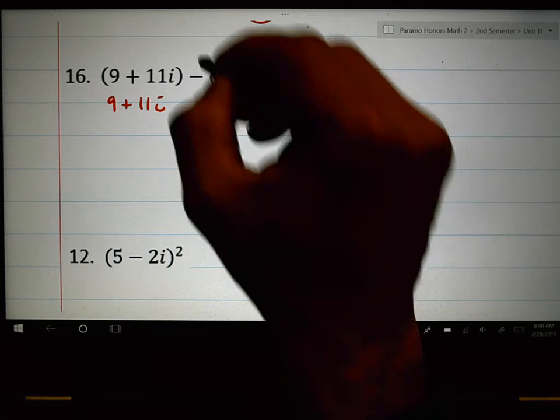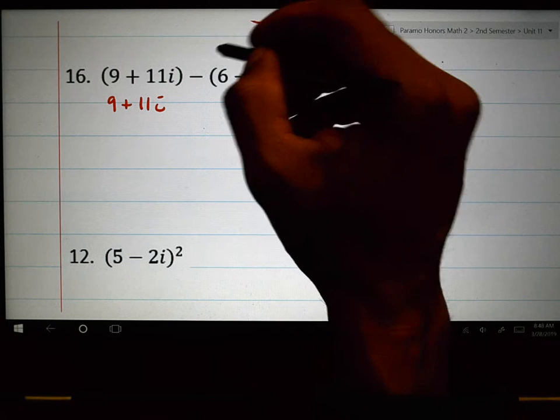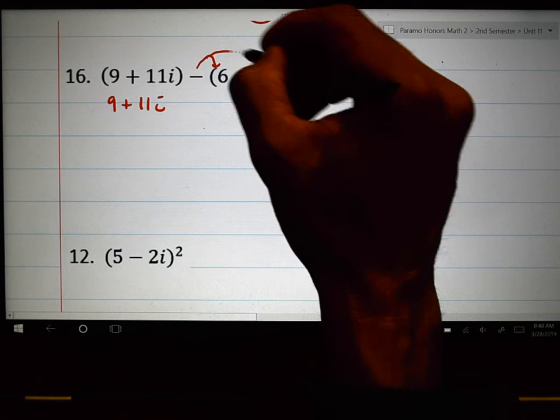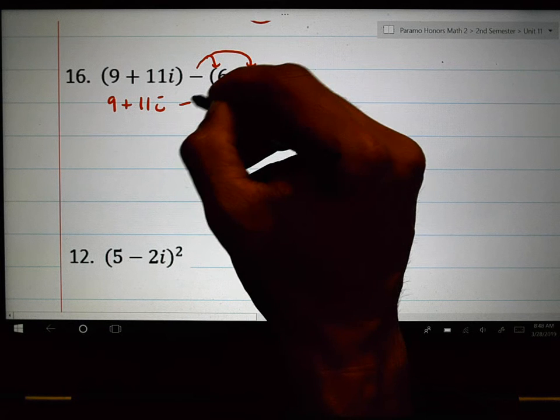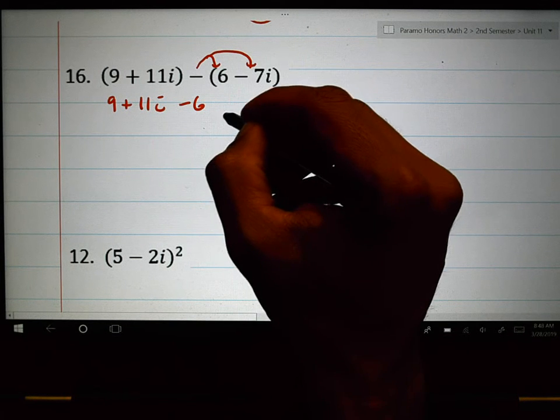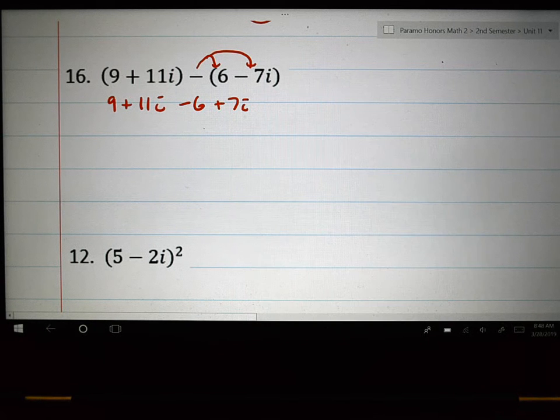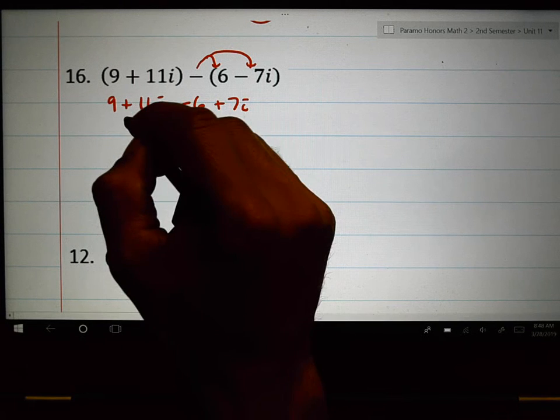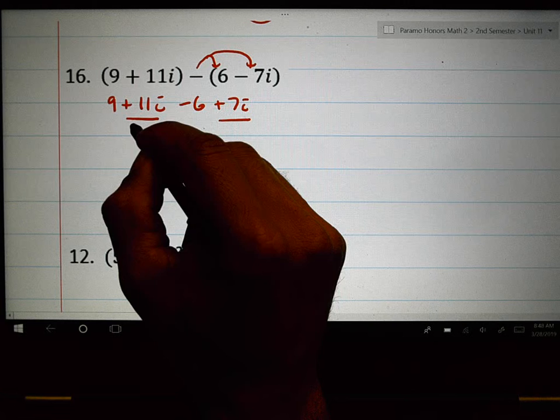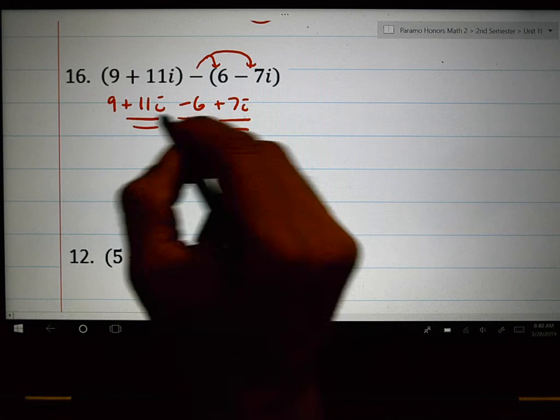But if you have a subtraction sign in front of your parentheses, it means you're subtracting or doing the opposite of adding the 6 or subtracting the 6. Instead of subtracting the negative 7i, we are now subtracting it, which is adding 7i. And then we can combine our imaginary components and we can combine our real components.